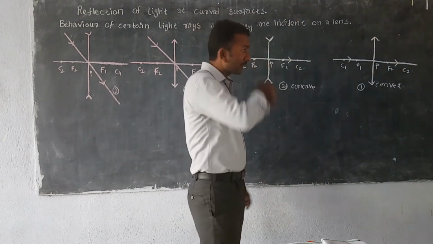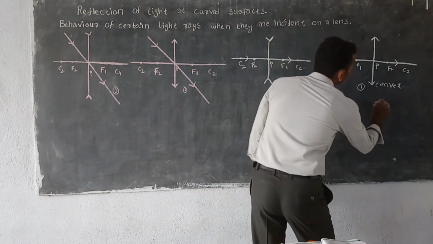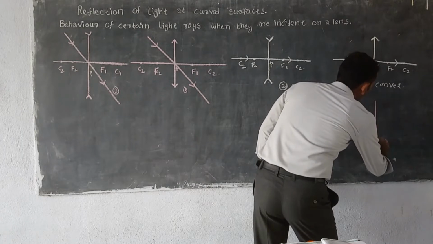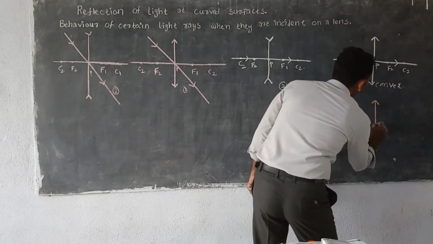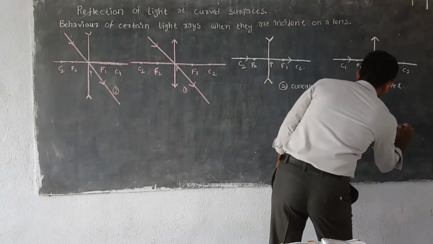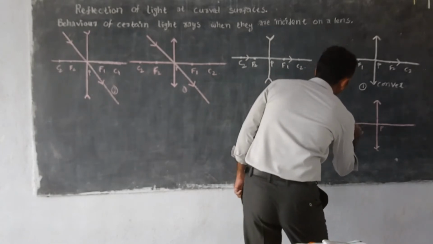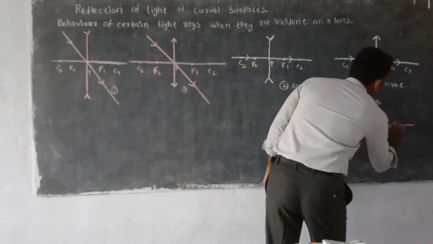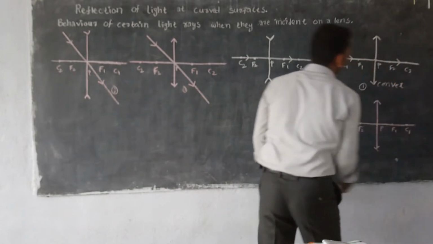Okay. The second situation is rays traveling parallel to the principal axis, which we have already discussed in the first introduction of the lens. This is the convex lens. This is the optic center P. This one will be the principal axis, and this one will be the center of curvature C2. This one is focal point F2, and this point is focal point F1. This point is center of curvature C1.